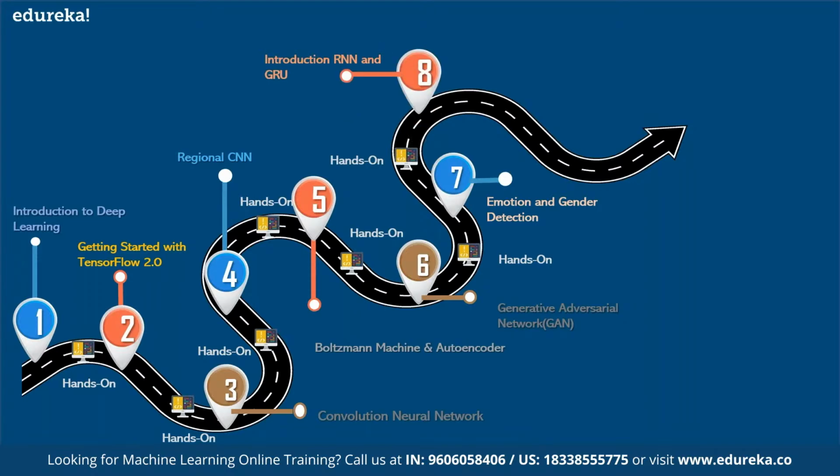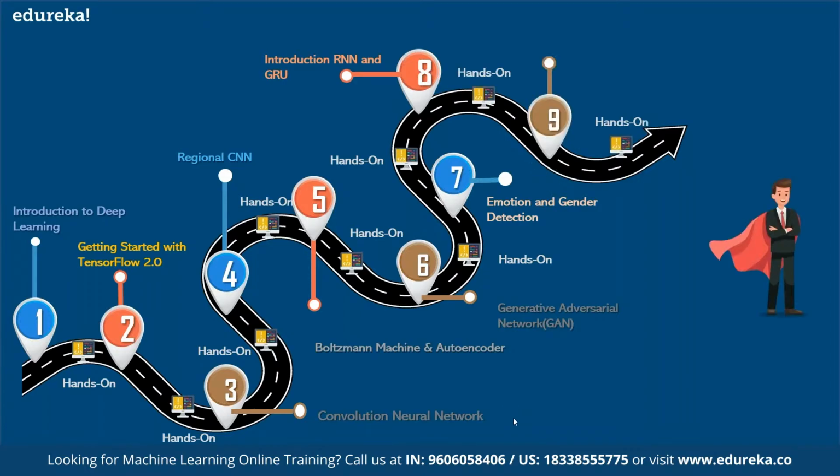And module 8, it's about working with recurrent neural networks and GRUs, which are the sequence learning algorithms. And modules 9 and 10, it's about LSTM and using this LSTM and the CNN together to work on an advanced project which is called auto image captioning using CNN and LSTM.